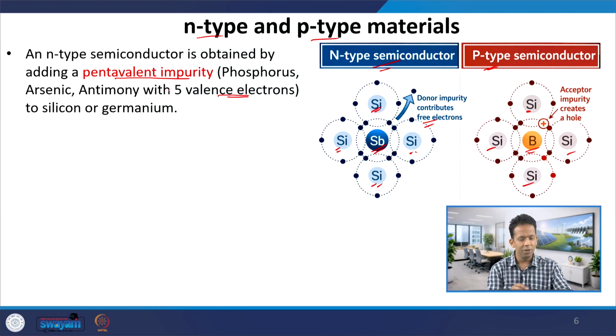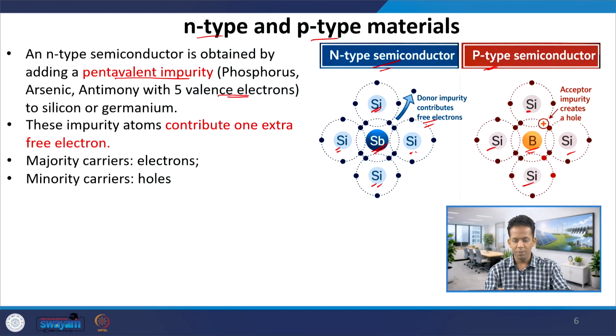Pentavalent atoms like phosphorus, arsenic, antimony, when they are added to a semiconductor like silicon or germanium, give us an N-type semiconductor, because these impurity atoms contribute one extra free electron, and this extra free electron leads to the formation of the N-type semiconductor.